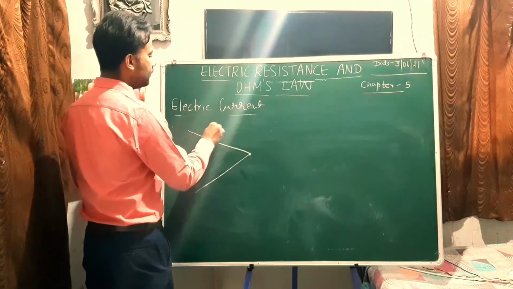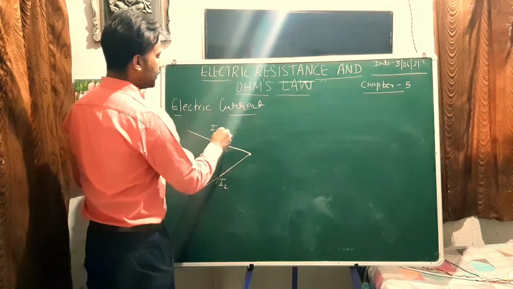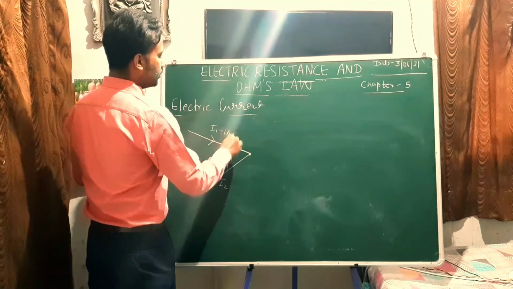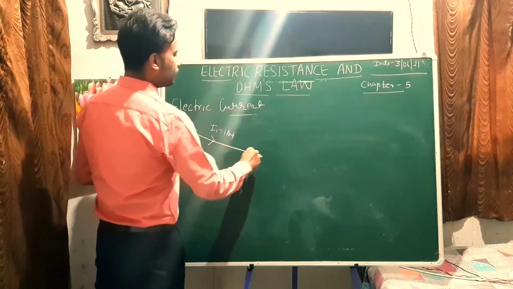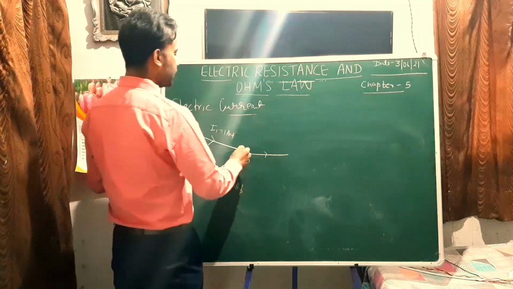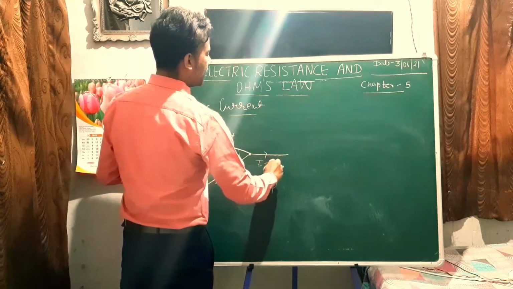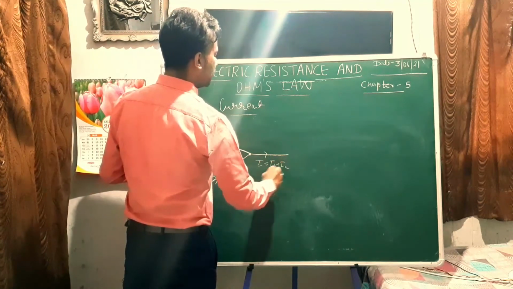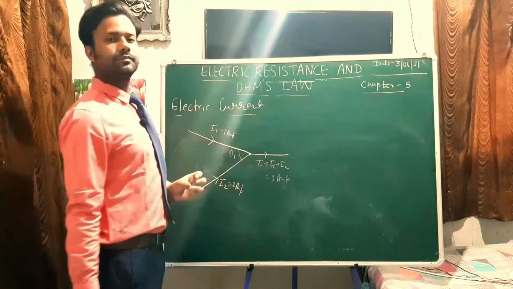Let this be I1 and this be I2. Let I1 be 1 ampere and I2 be 2 ampere. When they combine at the node, with angle theta between them, I becomes I1 plus I2, that is 3 ampere.